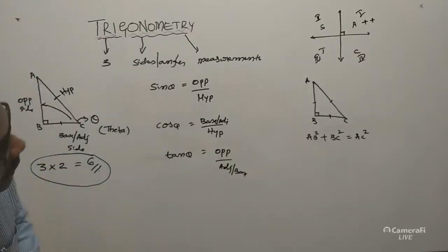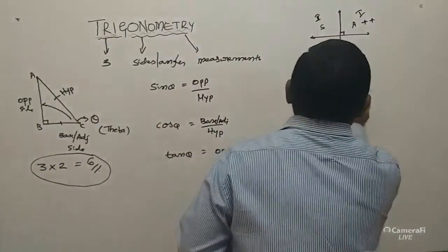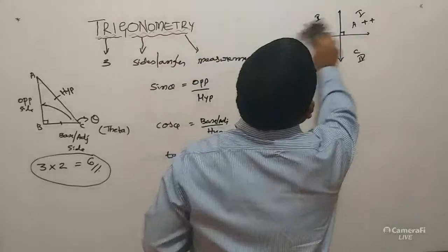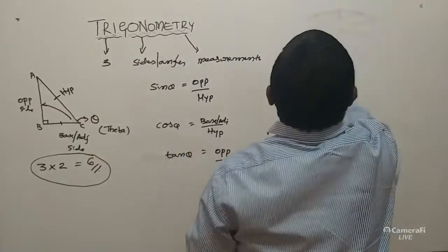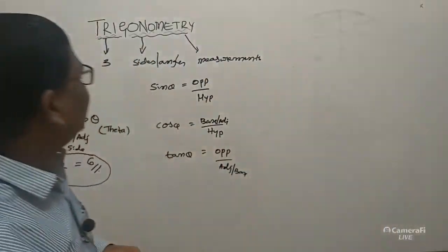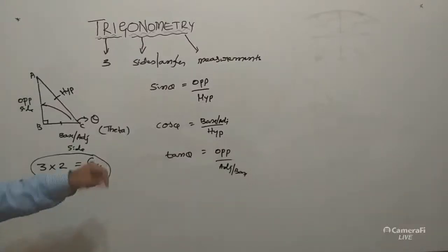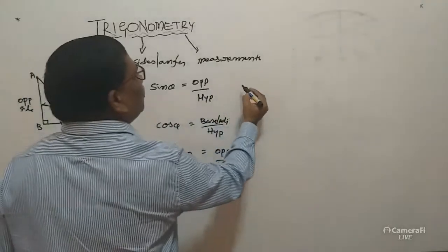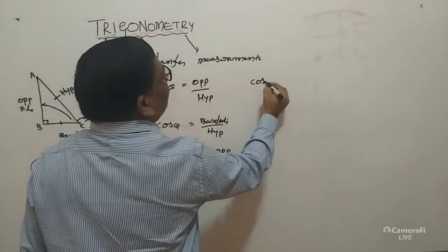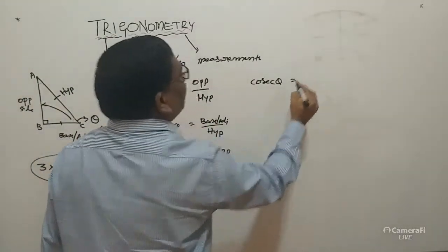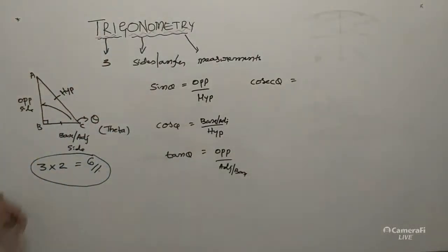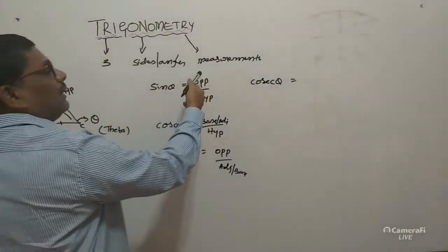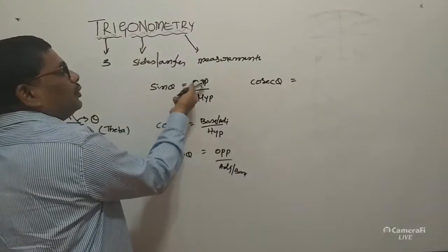You can relate the terms: sine theta divided by cos theta is equal to tan theta. Similarly, the reciprocal of sine theta is another one called cosecant theta. The cosecant theta can be written as the reciprocal of opposite by hypotenuse, which is hypotenuse by opposite side. Similarly, cos theta is cosine theta, shortly we call it cos theta.